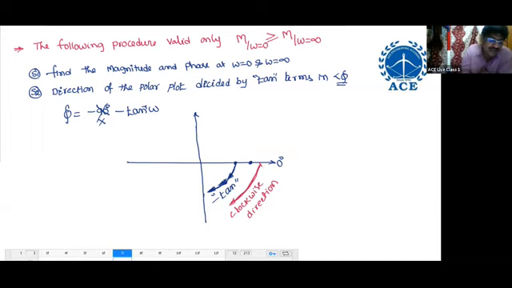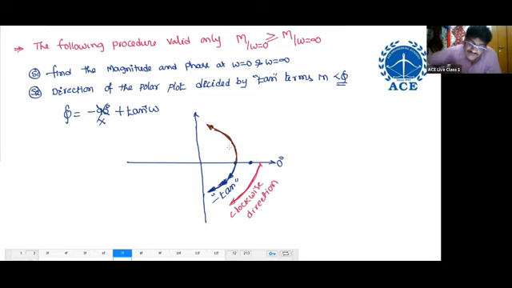Positive tan, in case I put plus here, what happened? Omega 0 gives 0, omega 1 gives plus 45 degrees, so it moves upward. Omega 2 gives plus 63, omega 5 gives plus 78. Which direction is it moving? Anti-clockwise direction.